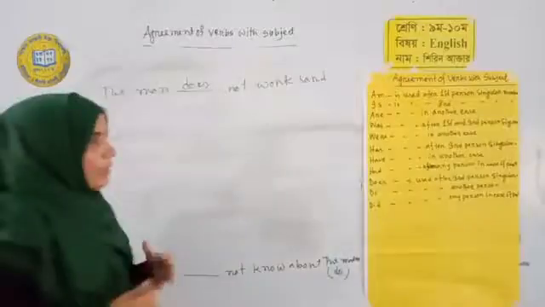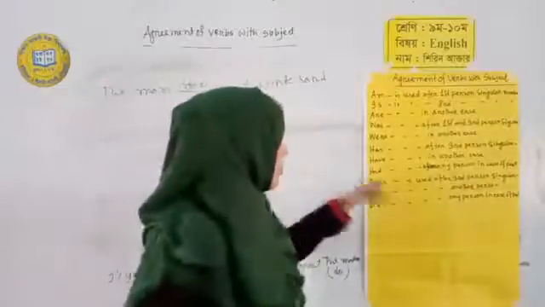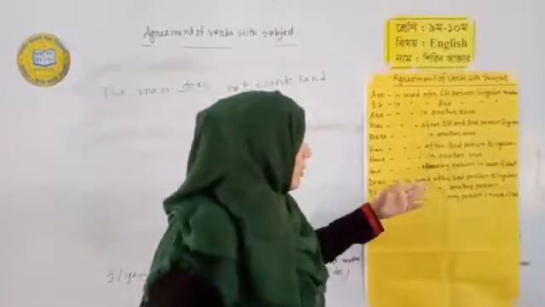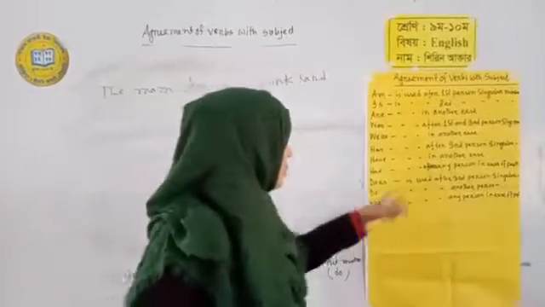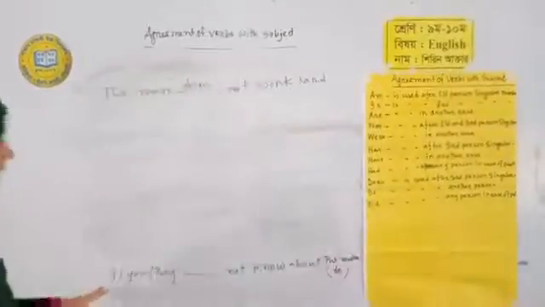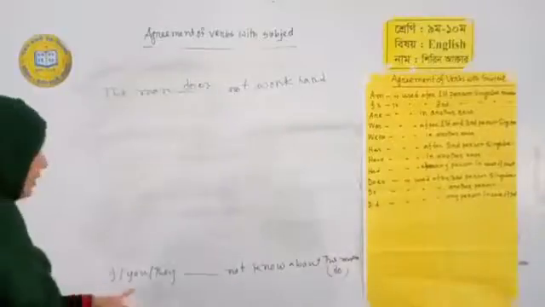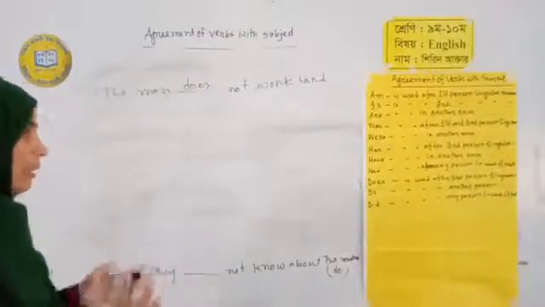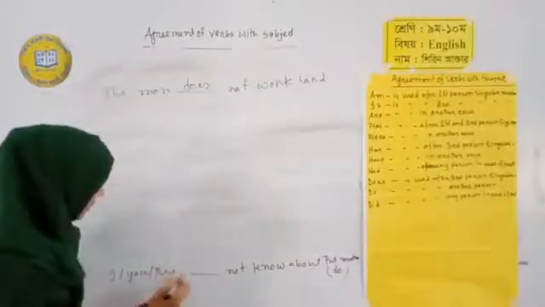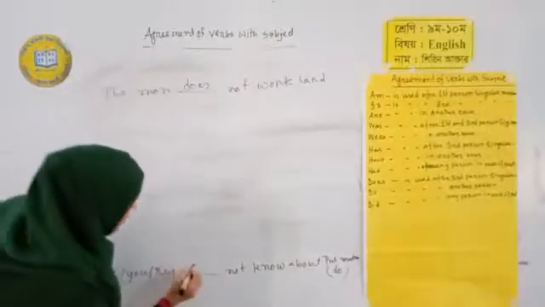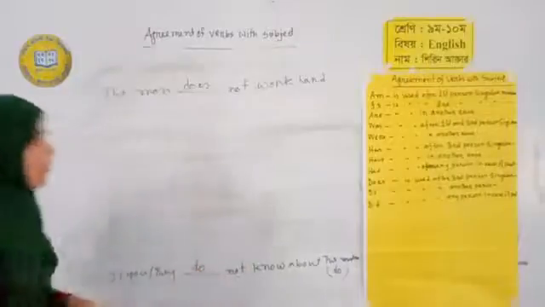And except third person singular number, in case of any person we have to use do. For example, if I use I or you or they, in all these cases we have to use do: I do not, or you do not, or they do not know about the matter.